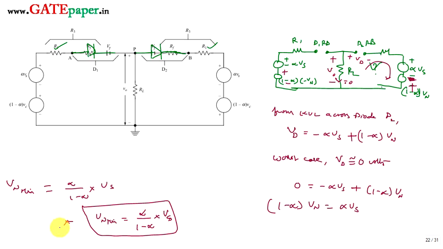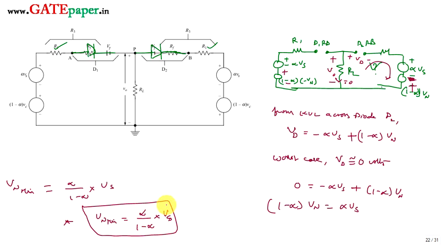This much positive voltage you must apply towards diode D2 and the same amount of voltage in negative magnitude towards diode D1, so that both the diodes are under reverse bias.